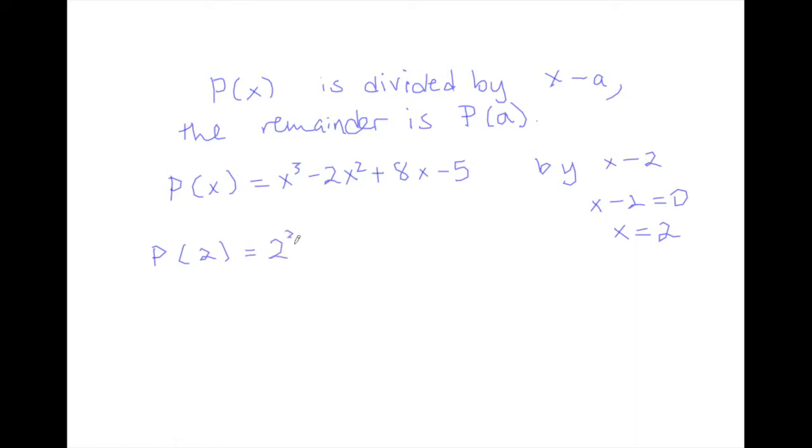So that'll be 2 cubed minus twice the 2 squared plus 8 times 2 minus 5, and here's an 8 minus an 8, and 16 minus 5 is simply 11. So we can say that the remainder when p of x is divided by x minus 2 is simply the number 11. Now, what if the remainder is 0?